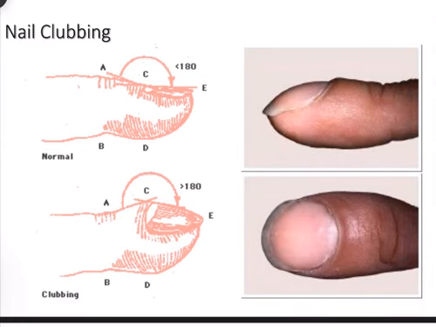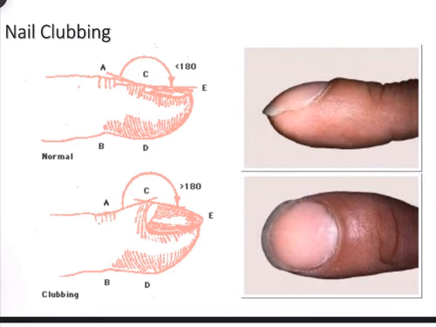Okay, pag nail clubbing, this part, the area before your nails, or the cuticle, this is the cuticle, this is your nail bed, the nail bed is embedded within here, may nagkakaroon ng increase in degree, so parang nagkakaroon ka ng club, parang naging mushroom yung itsura.